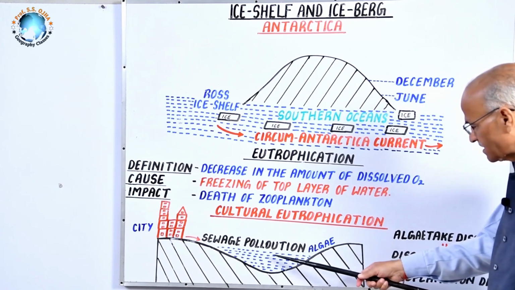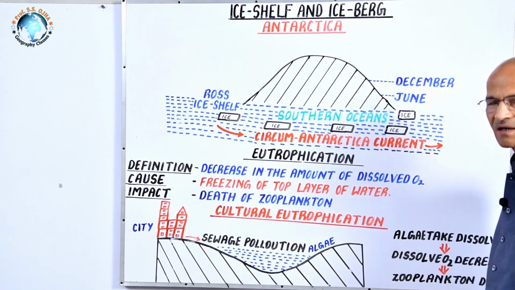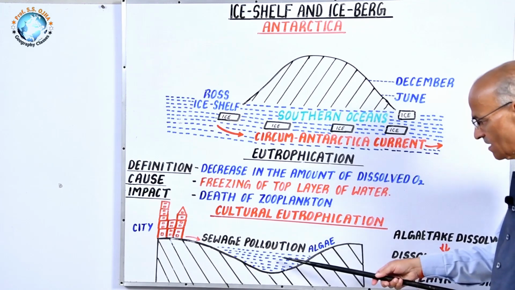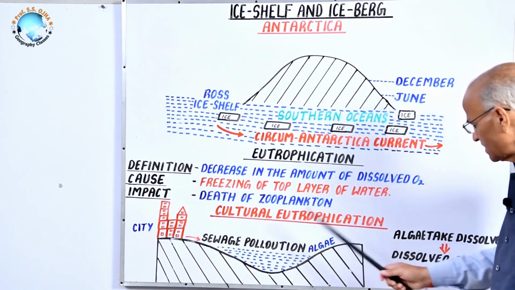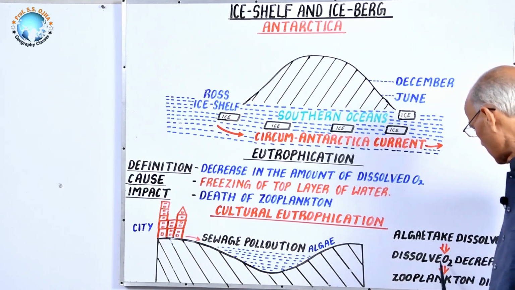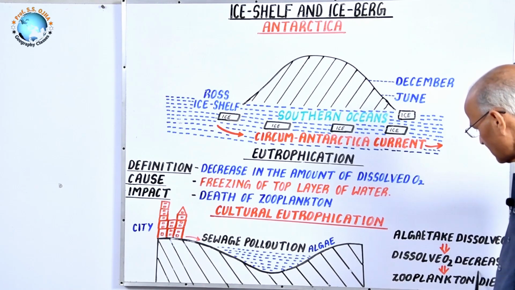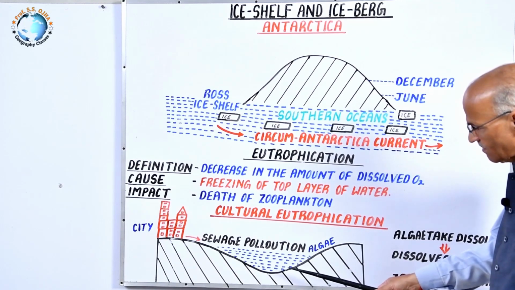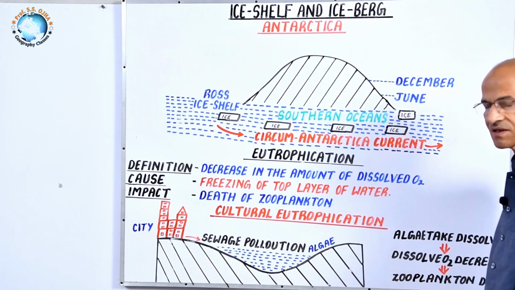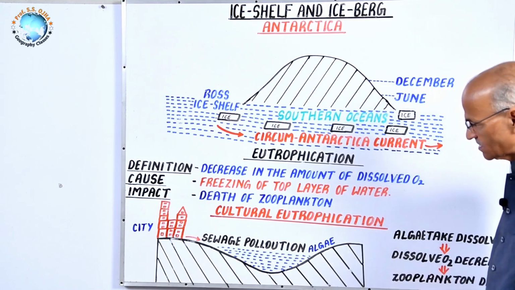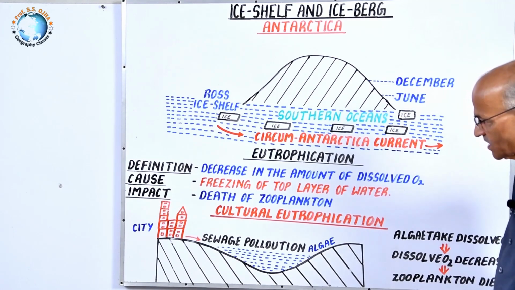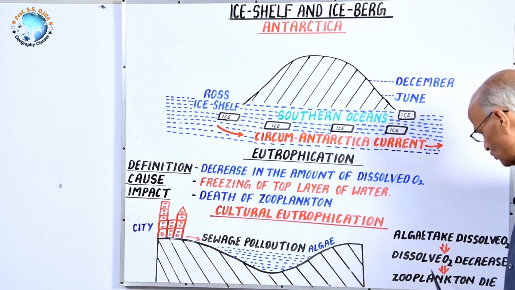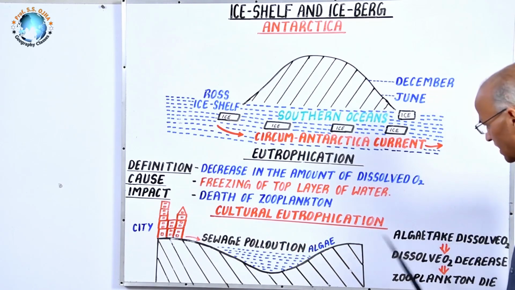When the dissolved oxygen that is meant for the zooplankton, fish or other aquatic animals decreases, the biological oxygen demand is increased, but there is no supply because this pollution is continuing. Hence, zooplankton like fish die there.